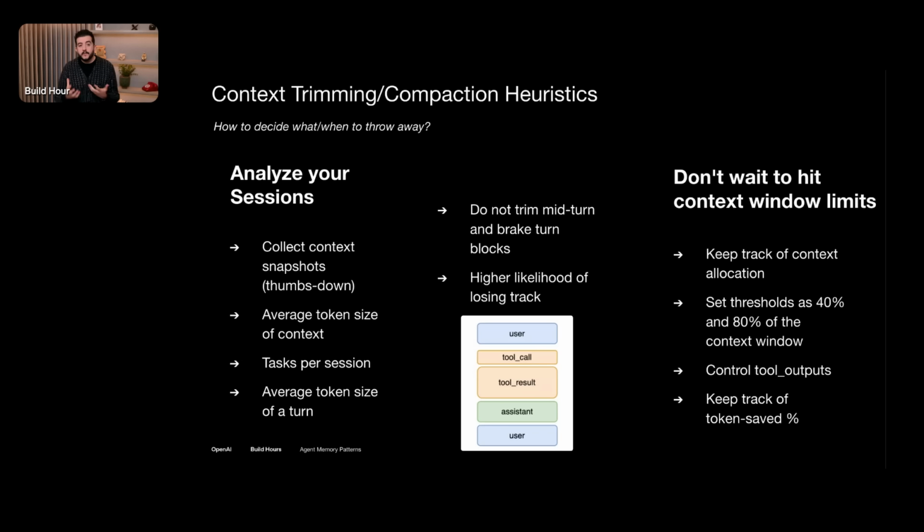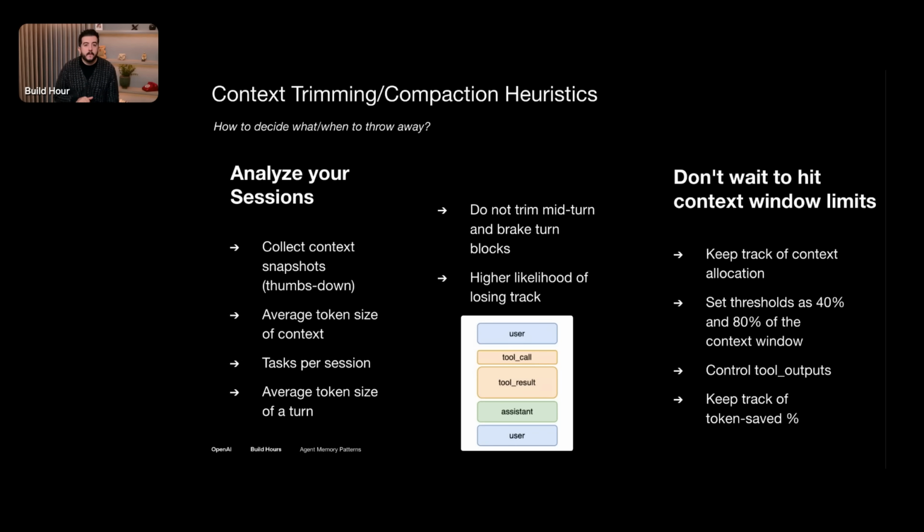Think about the average token size of a context. What type of task do you have in one session? Secondly, do not trim mid-turn and break turn blocks. A turn basically means a user message and all the other messages until the next user message, right? If you don't respect these turns, there will be a higher likelihood of losing track.